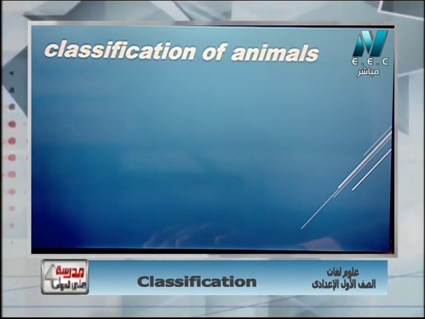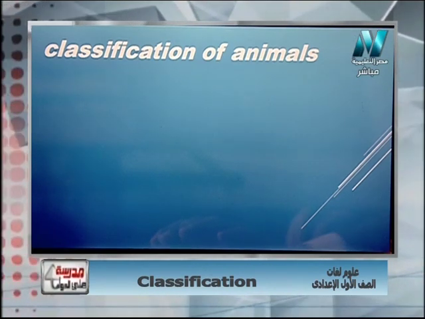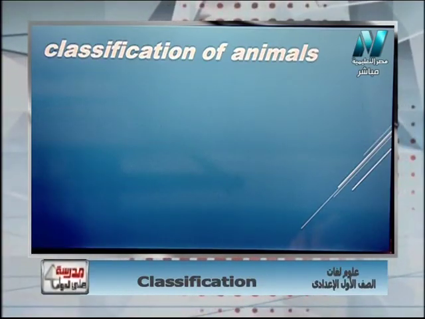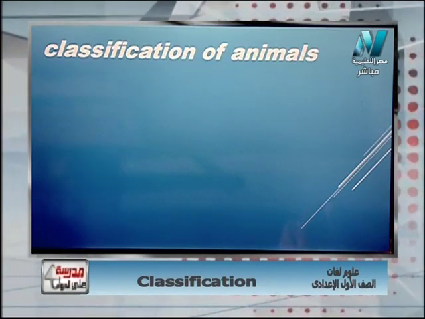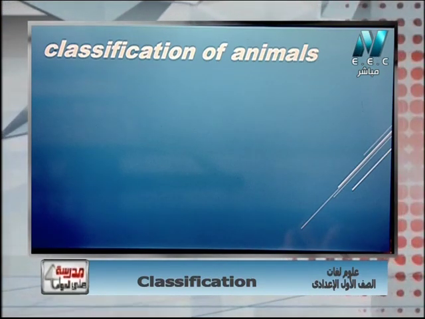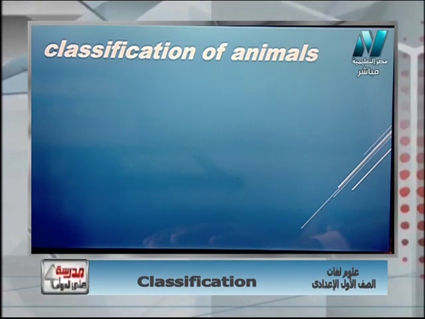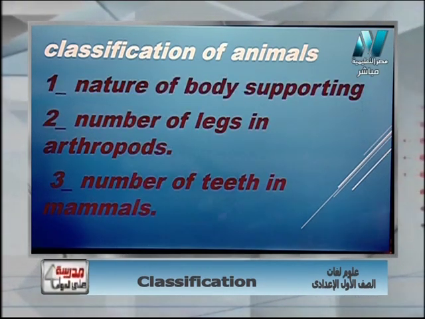And also we can classify animals. We can say that living organisms are divided into animals, plants, and microorganisms. We talked about microorganisms. But now let's talk about animals and plants. We can classify animals according to many criteria, and we can classify plants according to external shape and way of reproduction.